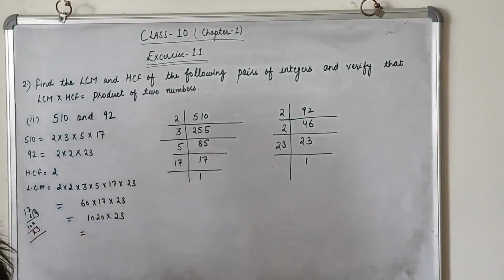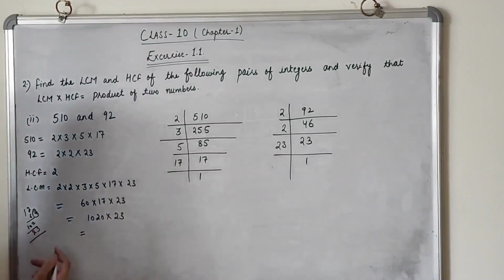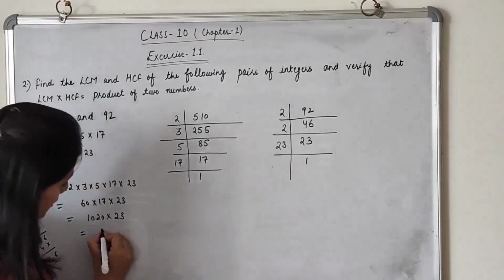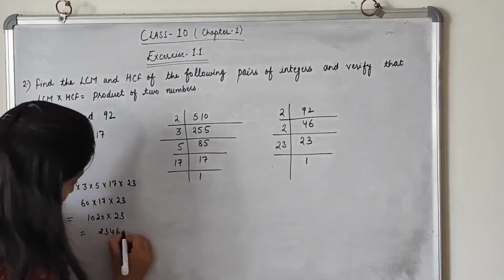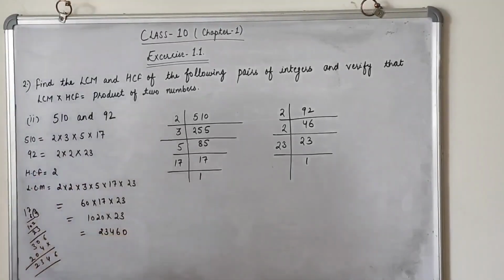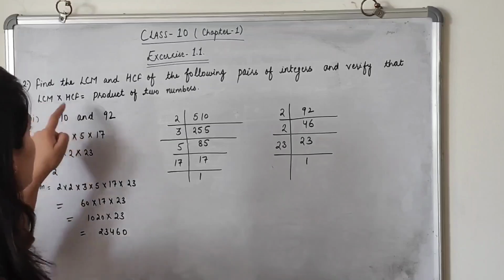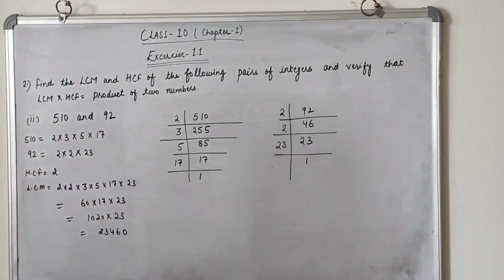When we multiply 1020 and 23, what are we going to get? 3 2s are 6, 0, 3, 2 2s are 4, 0, 2, 6, 4, 2, 3, which is 23460. Fine.